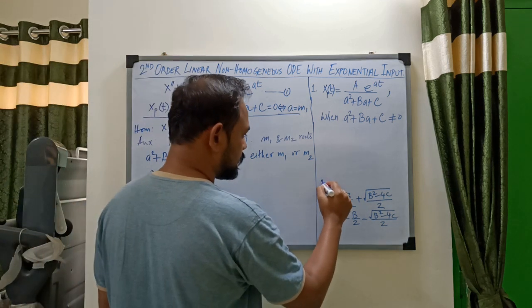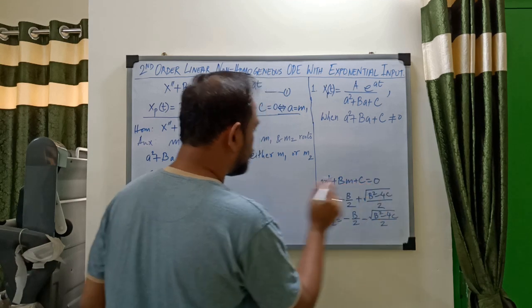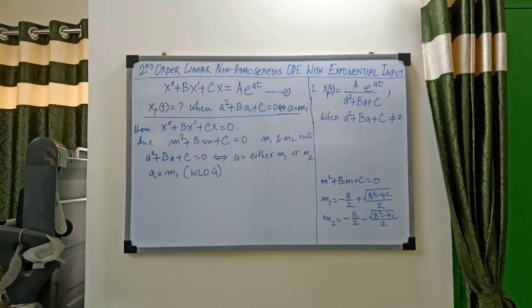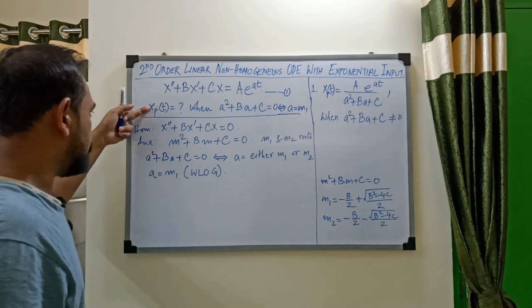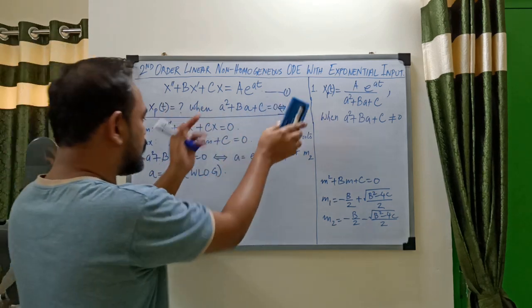Let's just write that down here, because I want to rub this part of the board. Now we will therefore find x_p, the particular solution of this, using whatever the conditions are.